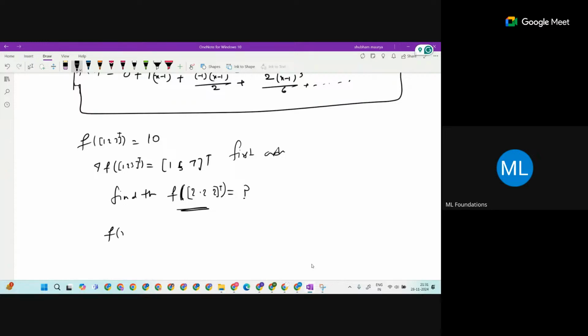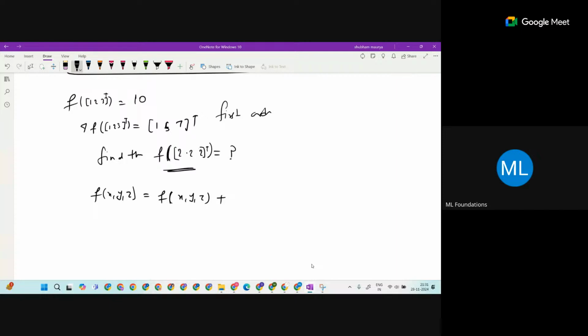Suppose f of x, y, z is given, and some function is given. So what is that? The function value at x, y, z, and then the gradient transpose.